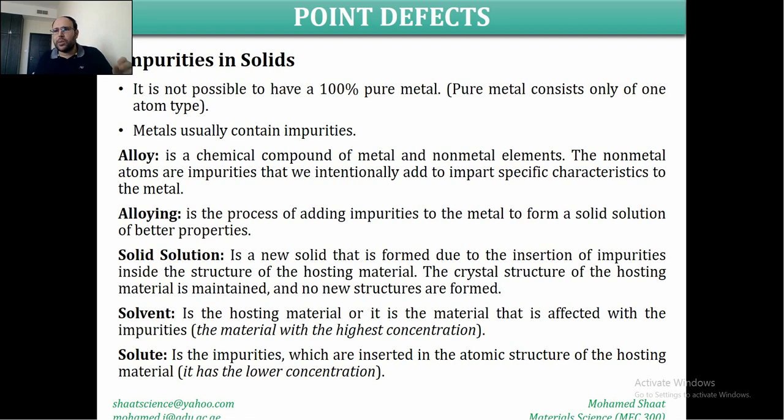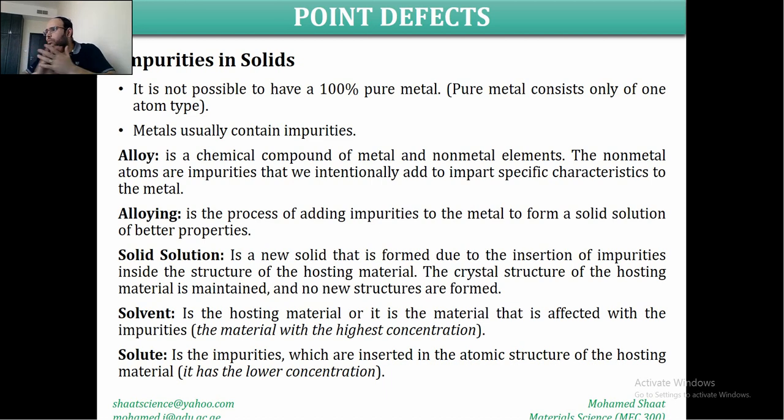So you could have, for example, 99% of the atoms being aluminum, and only 1% of the microstructure being another material. So there is no 100% pure material.